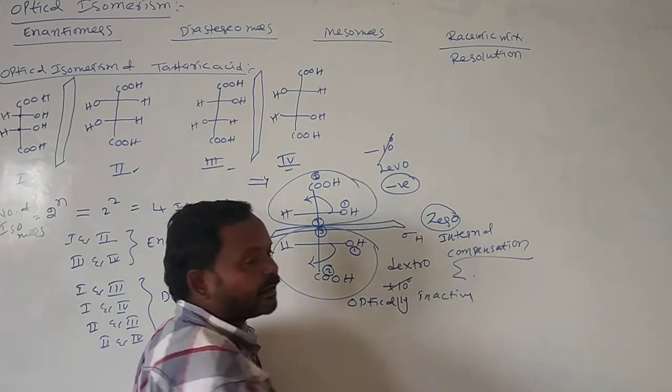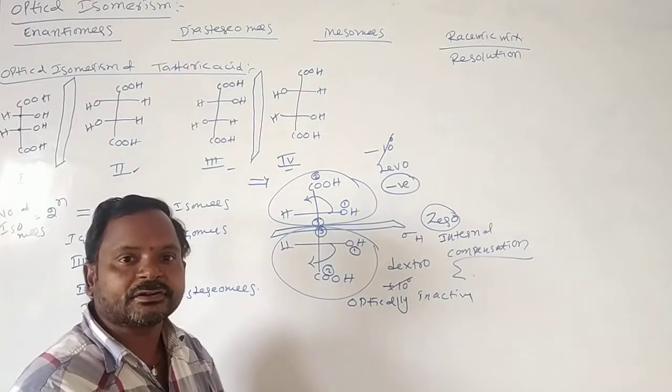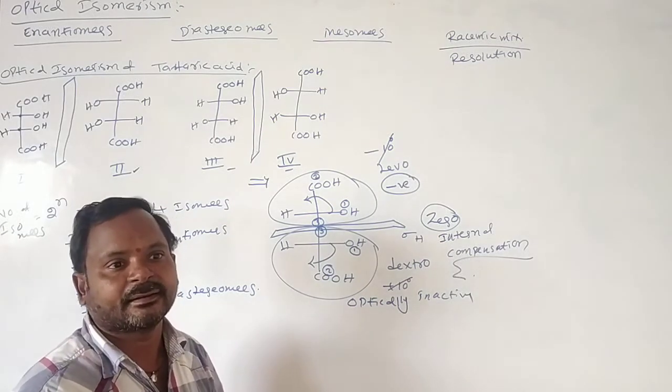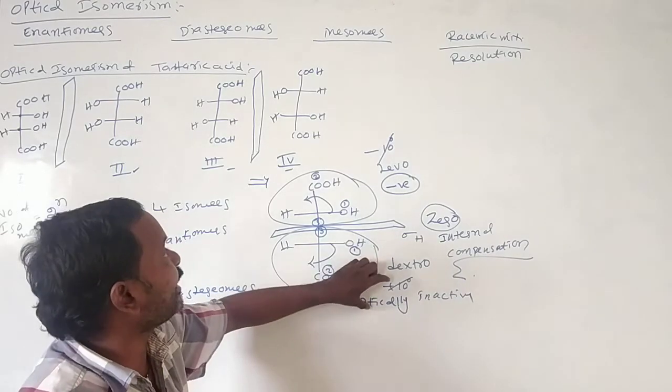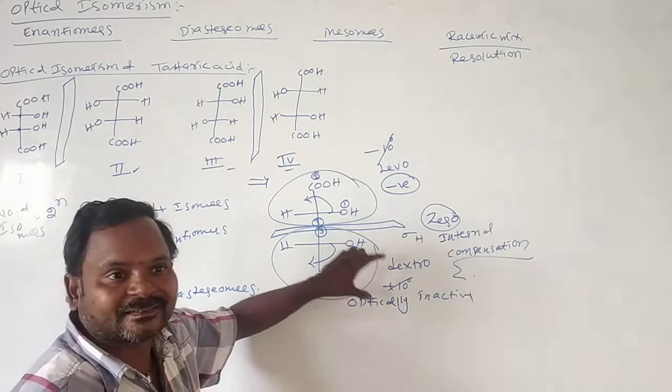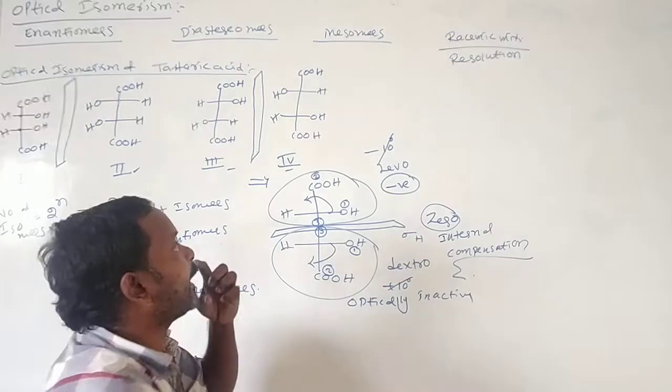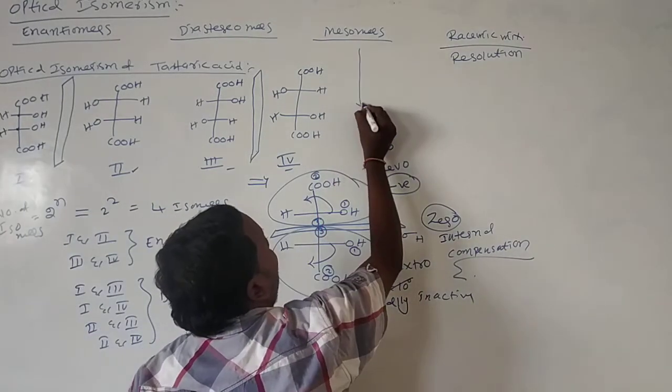It has chiral carbon, but due to the plane of symmetry, this molecule is optically inactive. Such types of molecules we call meso compounds.